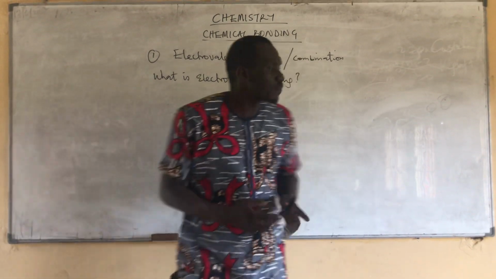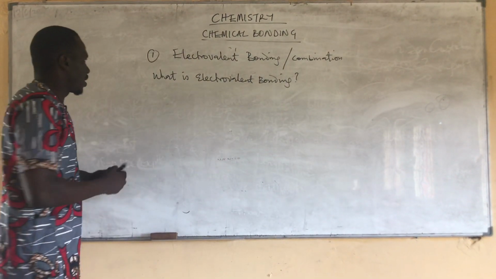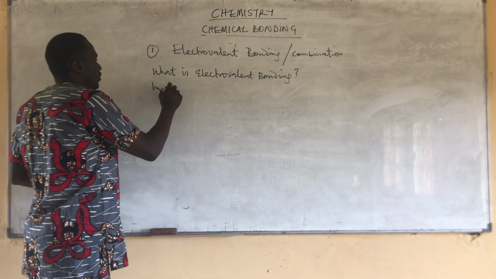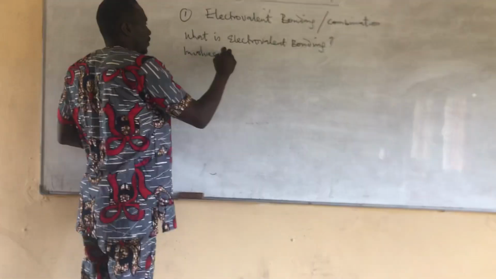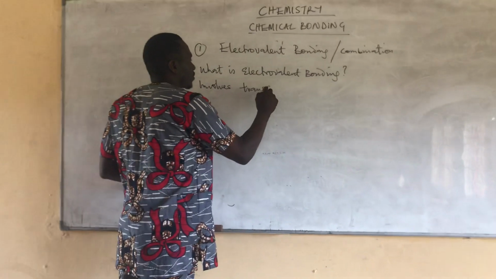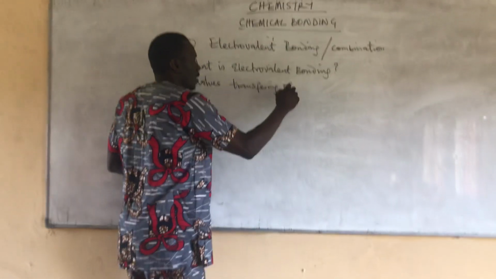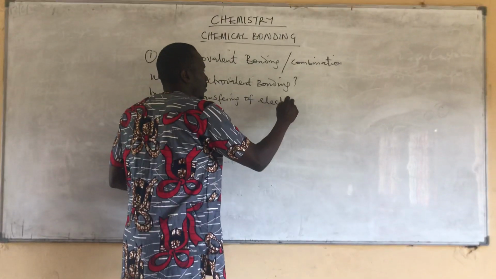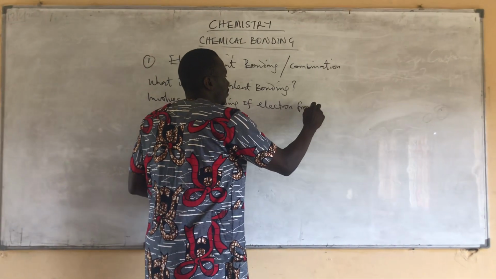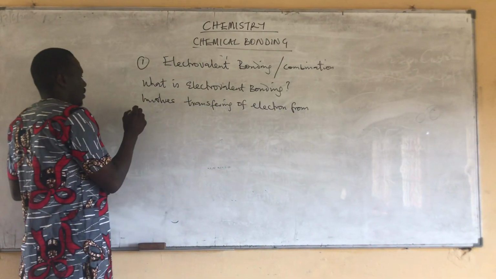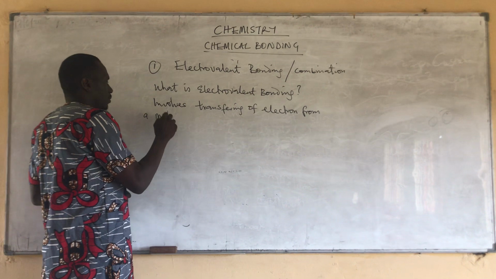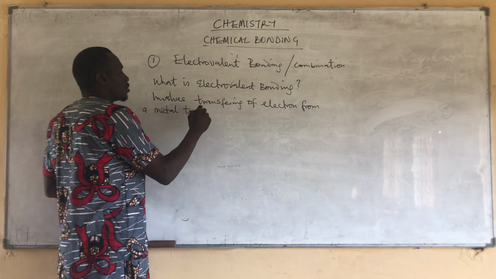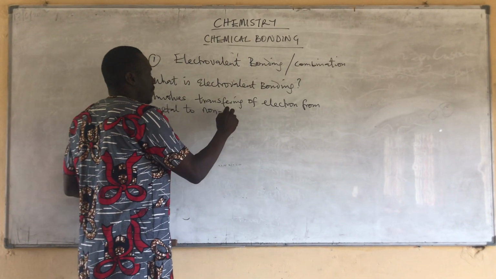We said electrovalent bonding involves transferring of electrons from a metal to a non-metal.